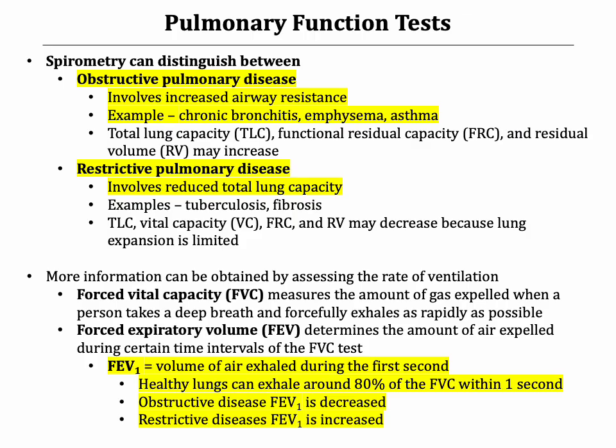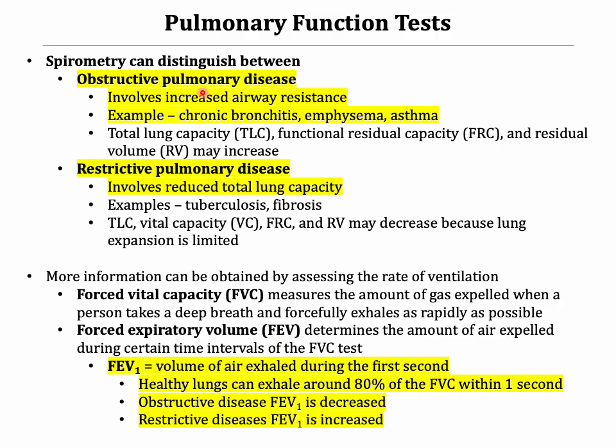So one major benefit that spirometry provides is the ability to distinguish between obstructive pulmonary diseases and restrictive pulmonary diseases. Obstructive involves some increased airway resistance, so things like bronchitis, emphysema, asthma.